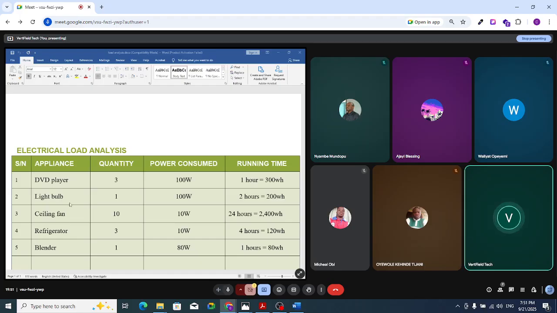So you get the energy consumed by the DVD player, the light bulb, the ceiling fan, the refrigerator, and the blender. You add everything up individually, and you can now call it the total energy consumption. I hope it is very clear.